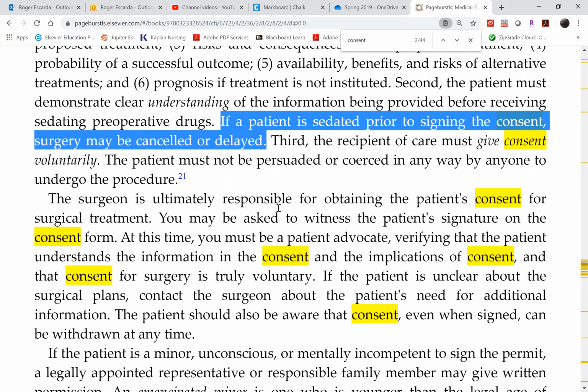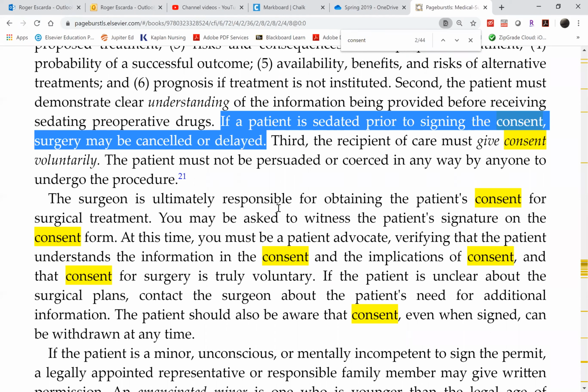If you forgot to have the patient sign consent, and you've already administered the Demerol or the Versed, but the patient's still awake, can we still get the signature?